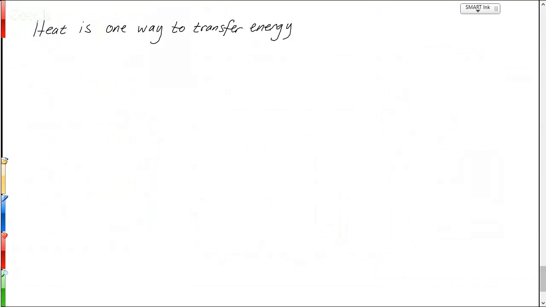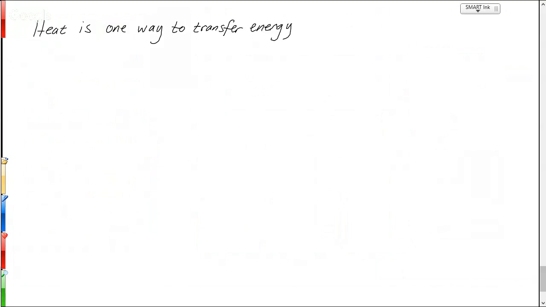What is the other way to transfer energy? Anybody know? Yeah, work. It's called work. If you move something over a distance, that's another way of transferring energy from yourself to whatever you're moving. But heat is a transfer of energy. So one thing loses energy, another thing gains energy, and that's considered a heat transfer.